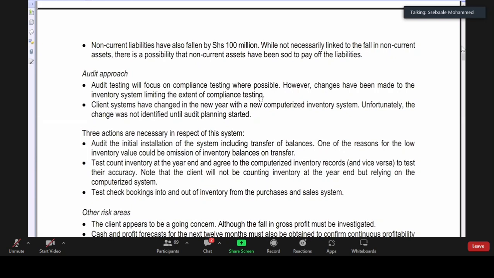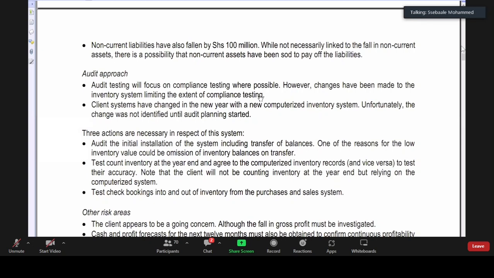But because there is a change in the inventory system from manual to computerized, you can't test the compliancy based on manual. You can only test compliance based on the computerized system. But there's a key risk regarding the computerized system that you need to look out for.